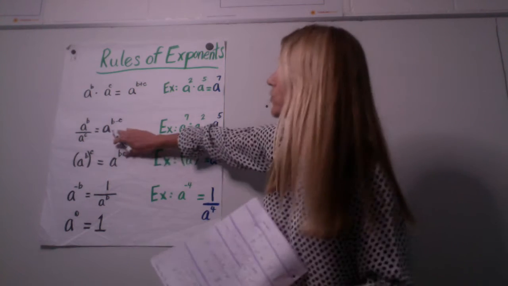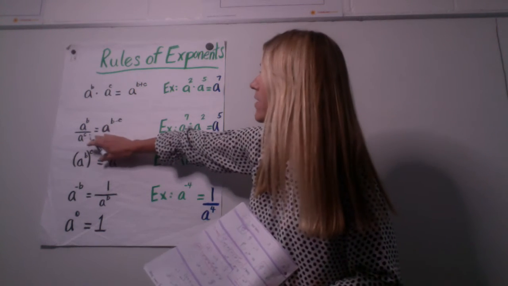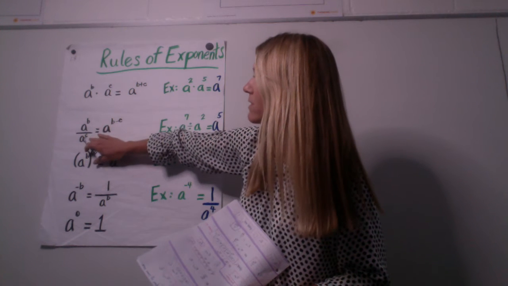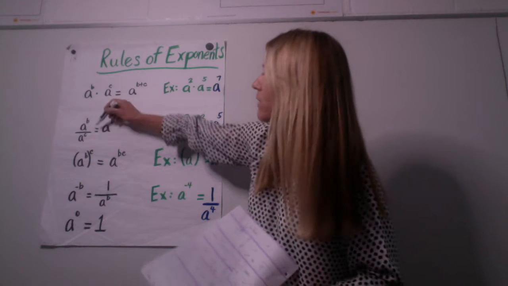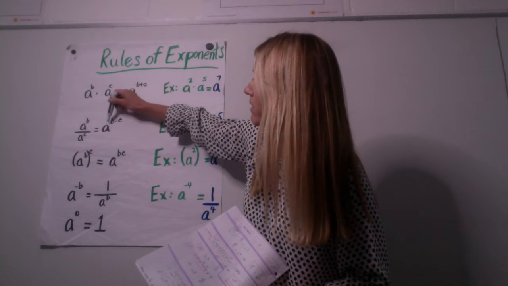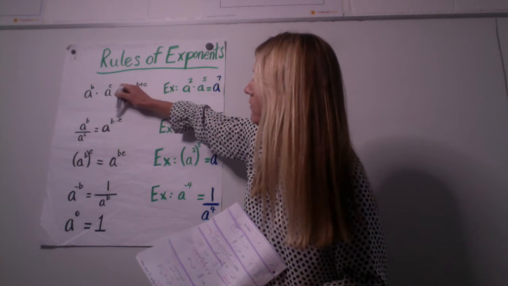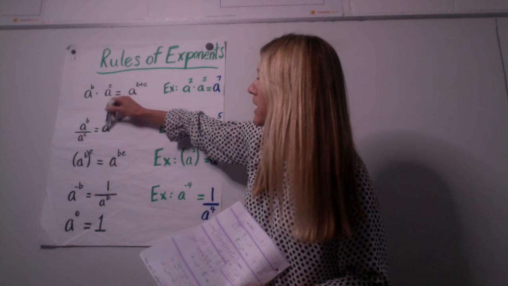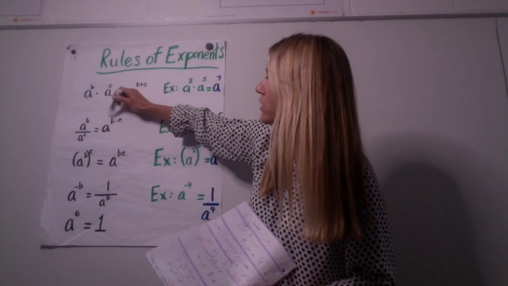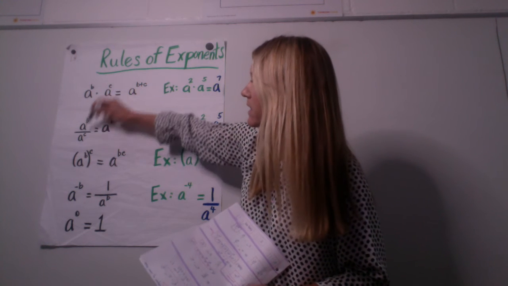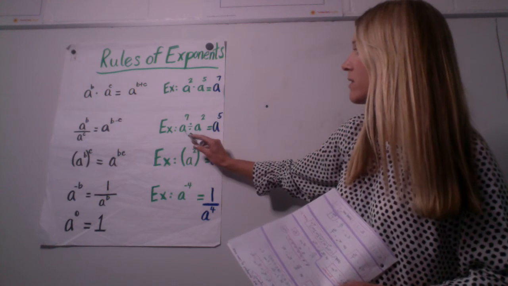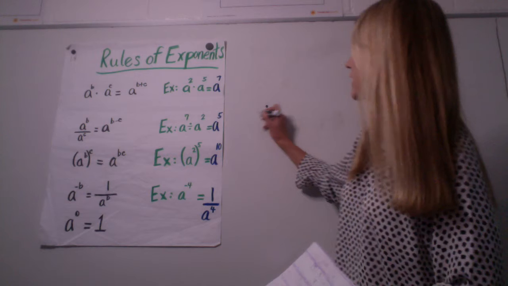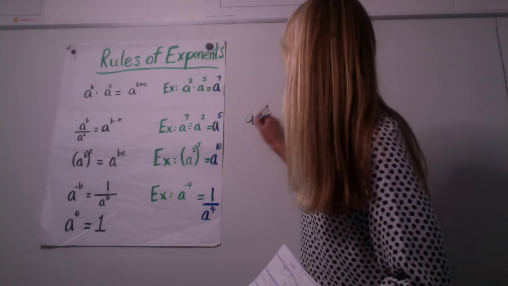For the next rule, if you were dividing the same bases with different powers, you're going to actually end up with a subtraction of your exponents. So that base right there is going to stay the same, and then you're going to subtract the b minus the c, okay? So, for example, if we had a to the seventh divided by a to the second, and that basically looks like this, okay?